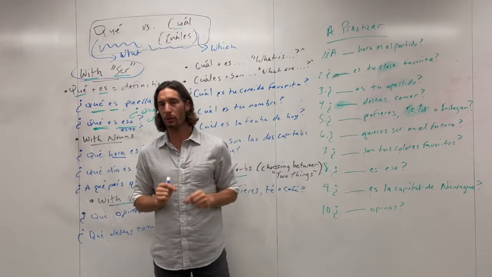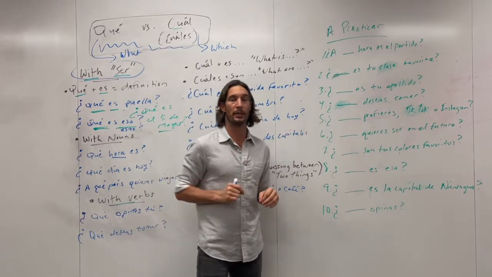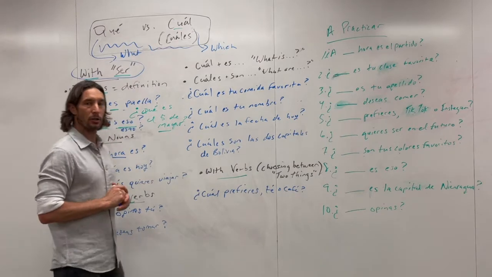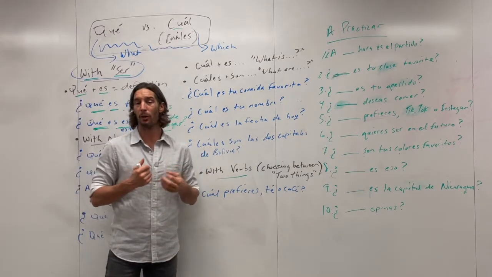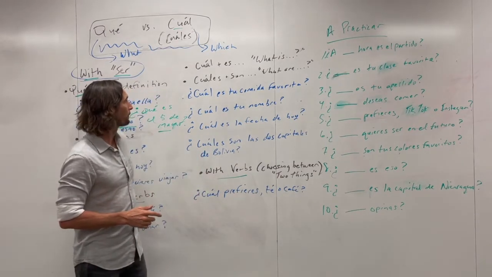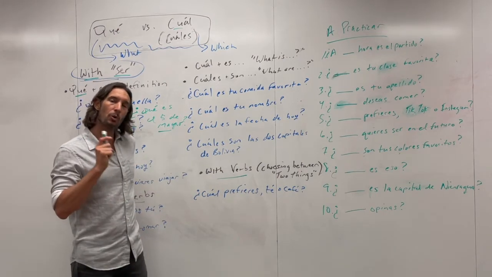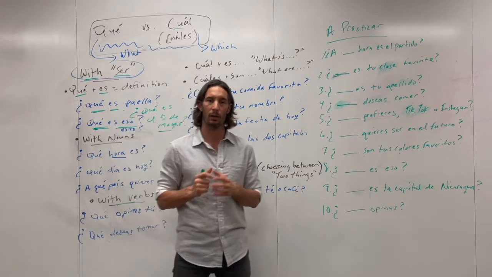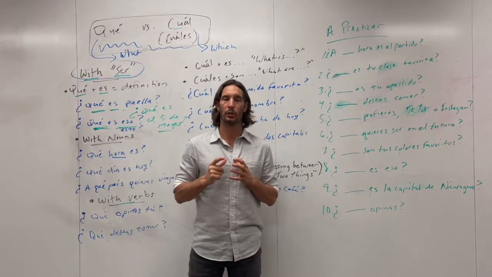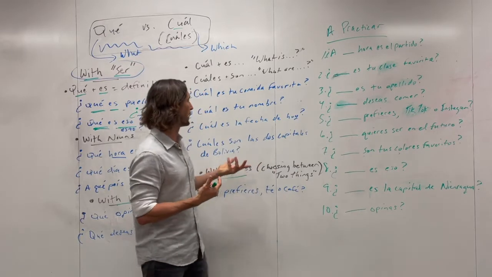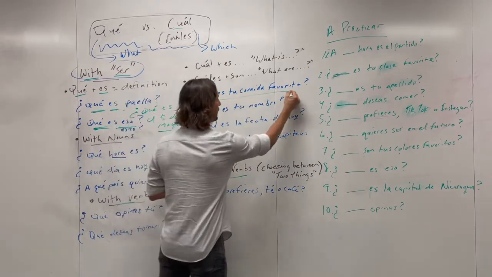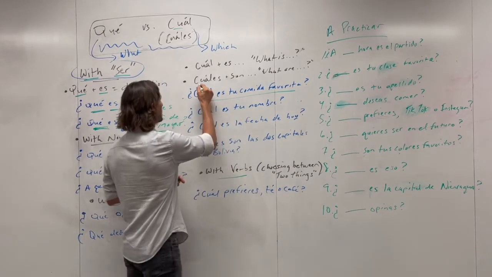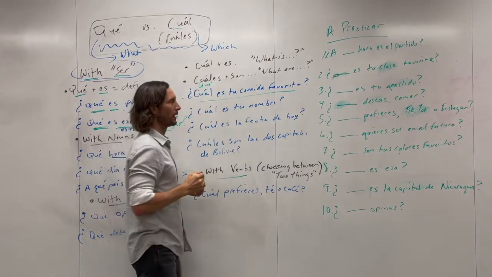So remember, when you do that, you're looking for an explanation or a definition. And so I want to look at it as compared to its counterpart, its cuál counterpart, if you will. And so now, this is where I was saying a common mistake can occur. A lot of times when people want to say, for example, what is your favorite food, people who are learning Spanish might say, ¿qué es tu comida favorita?